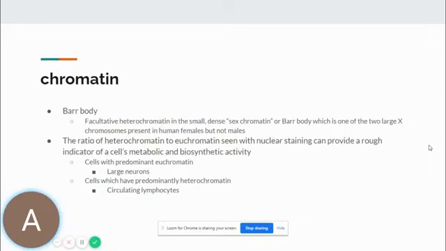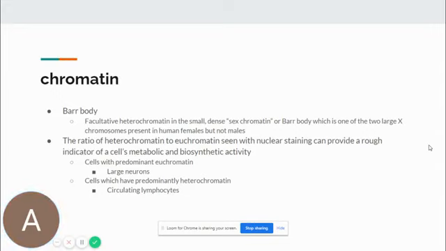Okay, so we will briefly discuss the Barr body. What is a Barr body? Facultative heterochromatin and small dense sex chromatin, which is one of the two large X chromosomes present in human females. Of course, human males only have one X and one Y, whereas in females you have one X and another X. So the Barr body is actually that part of the X chromosome that is silenced compared to the other.